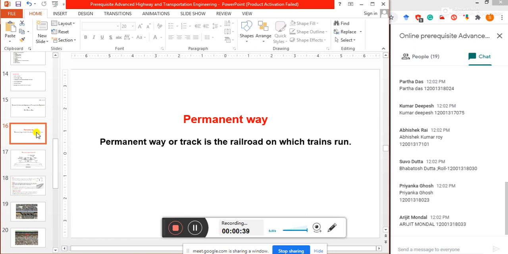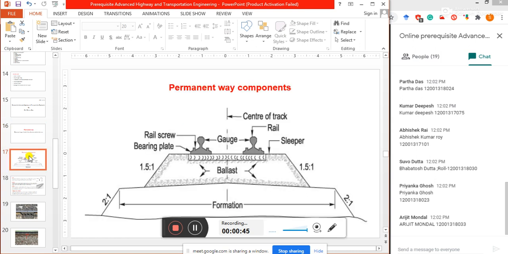When we are talking about the permanent way, it is important to know what the components of a permanent way are. As you can see in this PPT, one figure is there. This is a very common figure of permanent way components for railway.